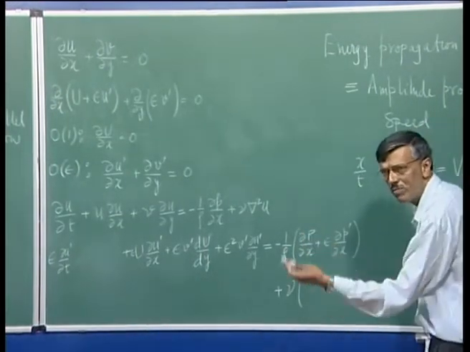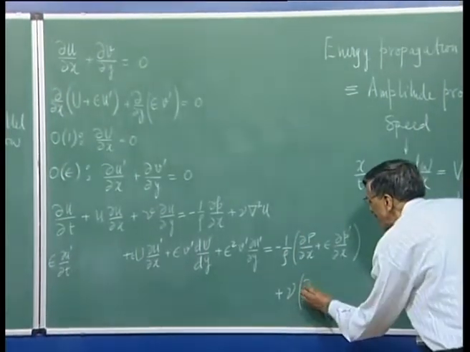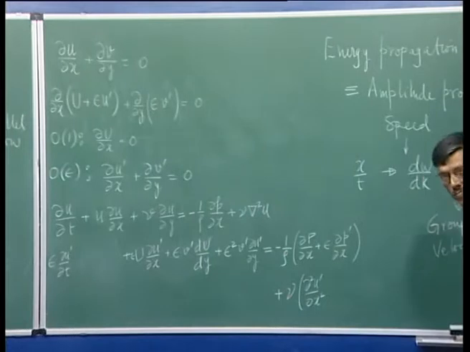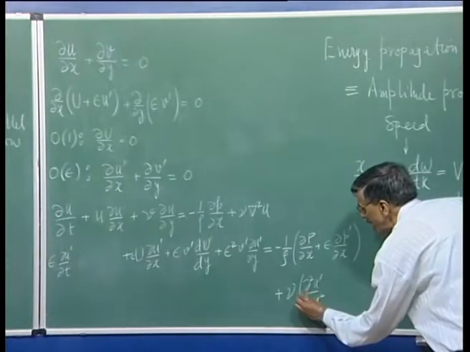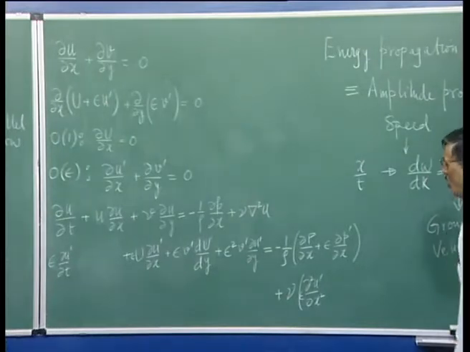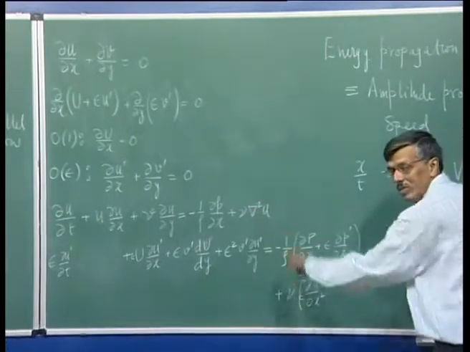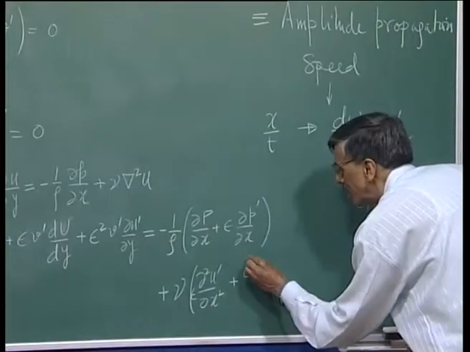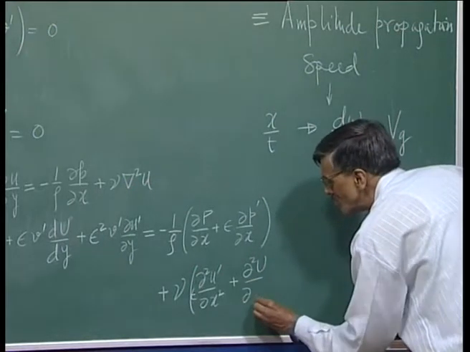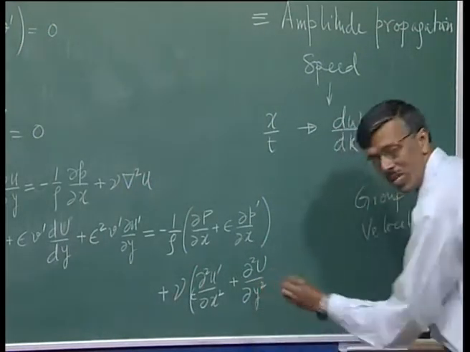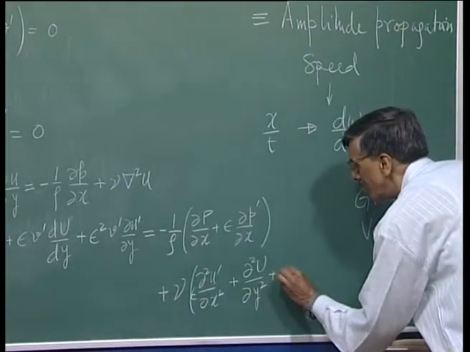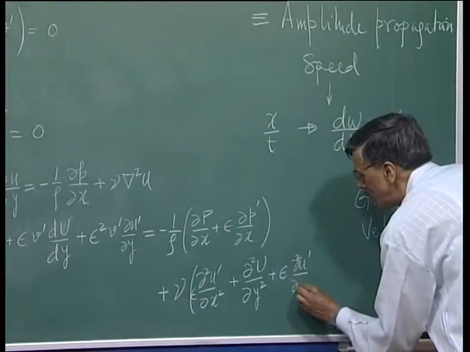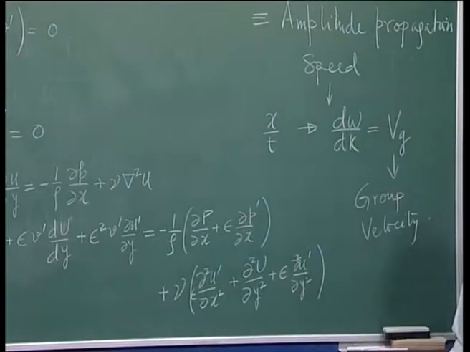For the mean flow, it is not a function of x, so there I will not get anything, but I will get this kind of term, and that is multiplied by an epsilon. Okay. What about the y derivative terms? The capital U is a function of y, so we are going to get this plus epsilon del square u prime del y square. So, we have written down everything.